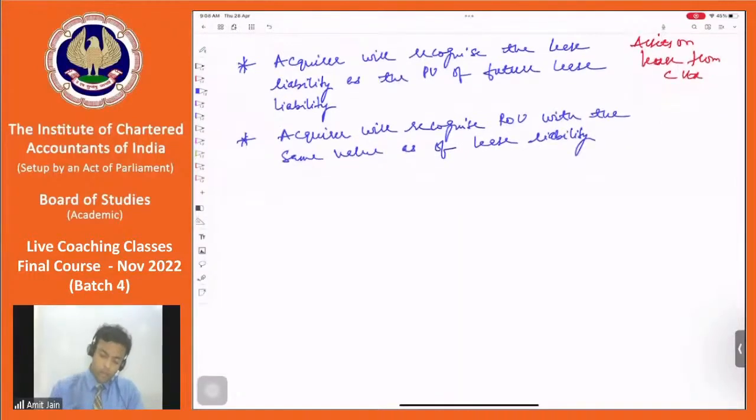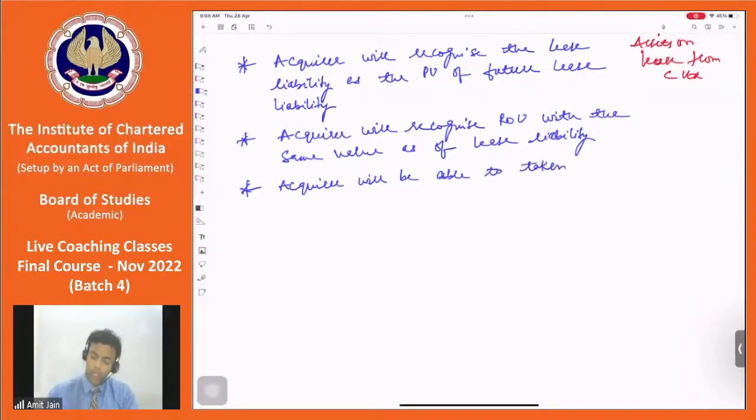The acquirer will be able to take the low value exemption and short term exemption.